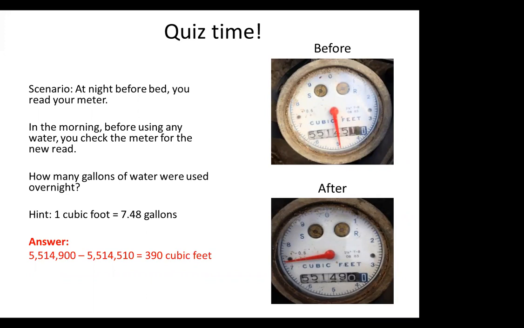Then we want to convert that into gallons. So we multiply it by 7.48, and we have our answer, 2,917 gallons. That's how much was used overnight in this scenario.